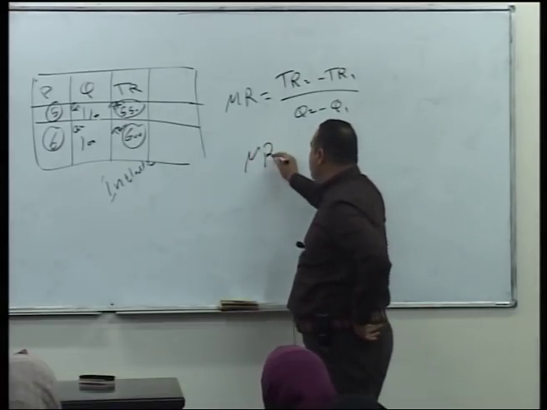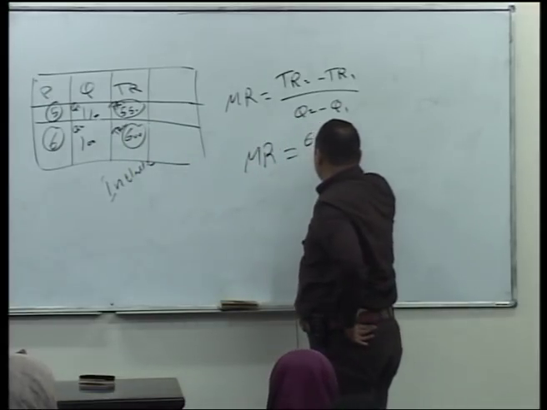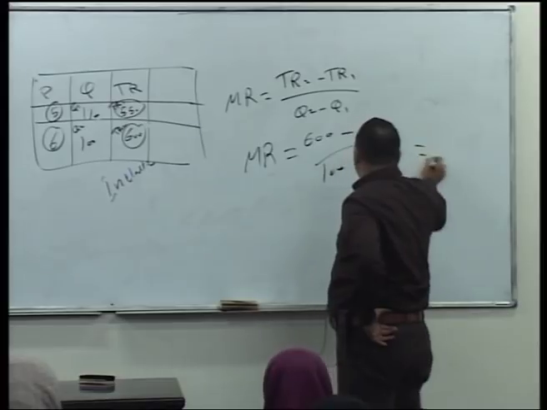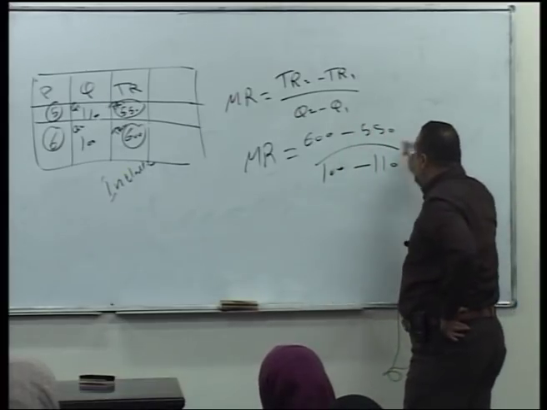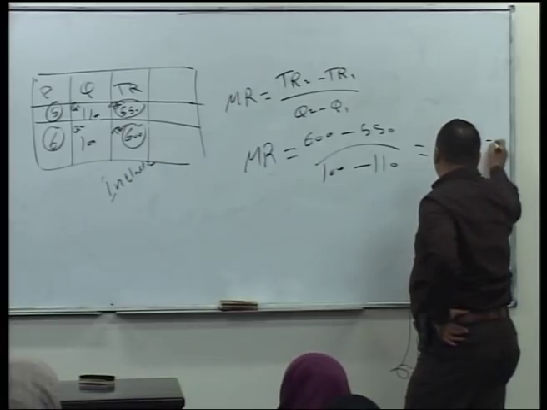MR equals TR2 600 minus 550 over Q2 100 minus 110 equals 50 over minus 10 equals minus 5.